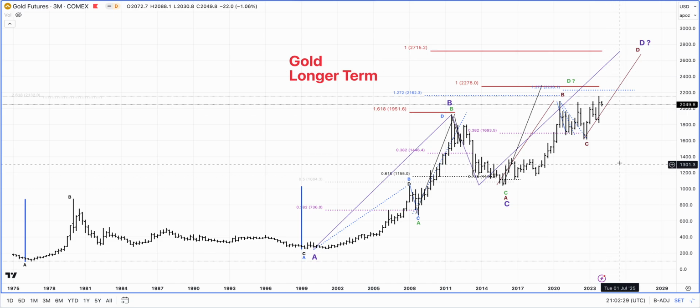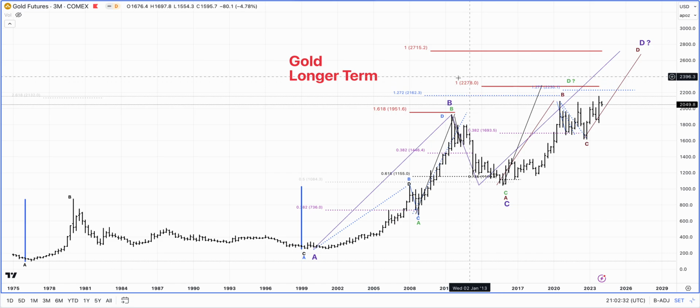But before that, we discussed this 2280 level that could prove to be a shorter term target. We also have a 1.272 expansion of this BC swing in brown, which comes around 2230. So that might be a shorter term resistance level, or where the market could pull back from. And where we are at the moment is 2162.